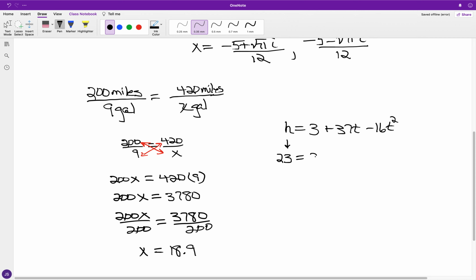Okay, so we have 23 is equal to 3 plus 37t minus 16t squared.